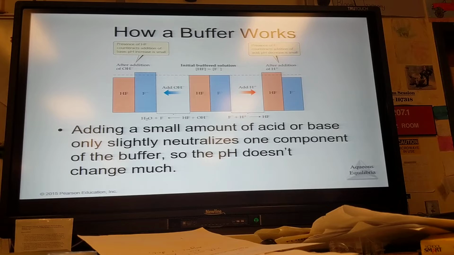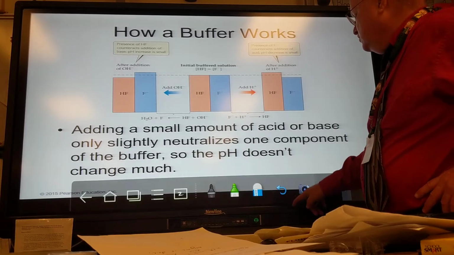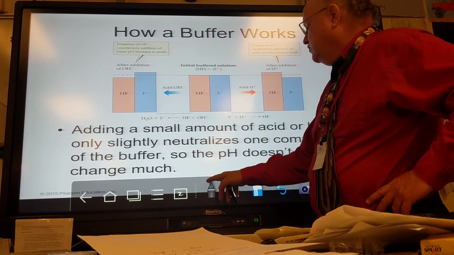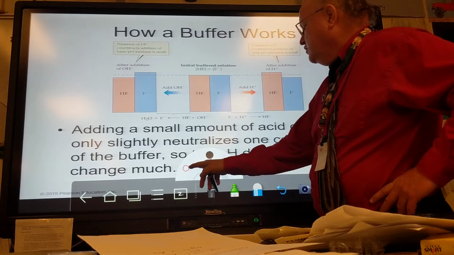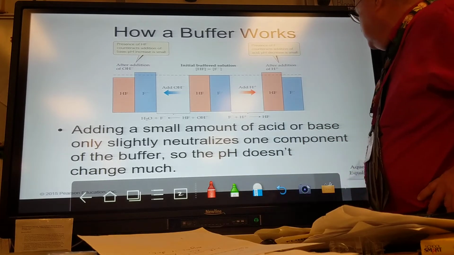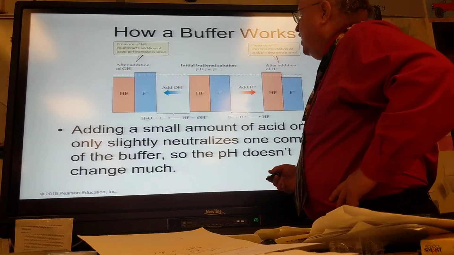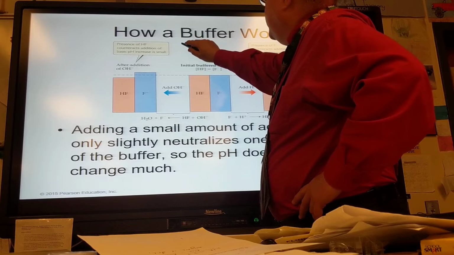How a buffer works. If I have a buffer solution, this would be an acid buffer.